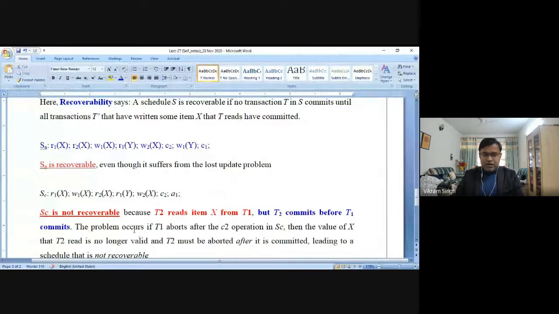The problem occurs if T1 aborts after the C2 operation in SC is committed: then the value of X that T2 reads is no longer valid. That is the major concern, and T2 must be aborted after it is committed.